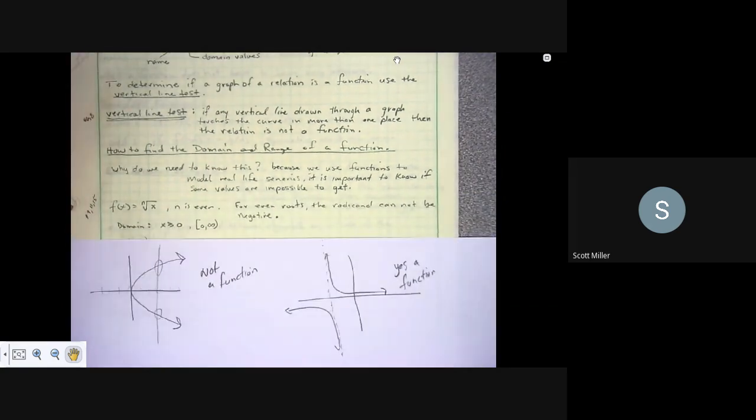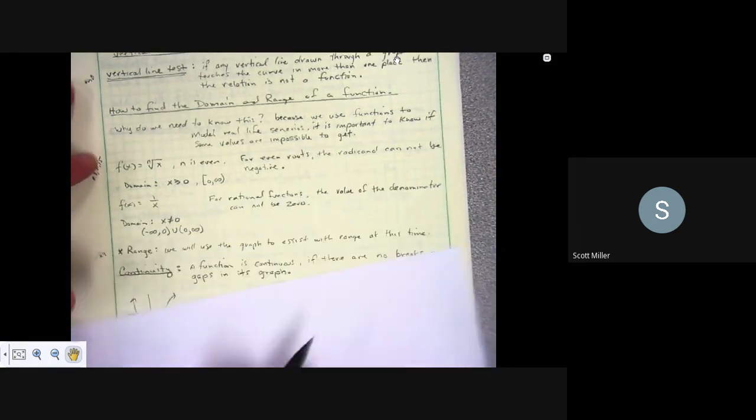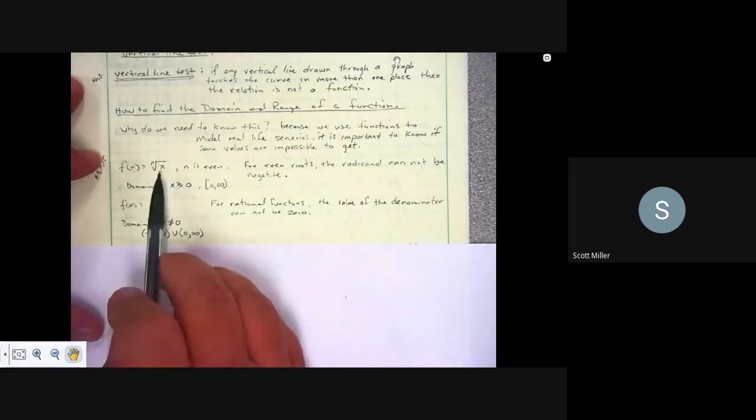So here's some things that I want you to look at. And remember, for our purposes in here, there's very few things that are going to restrict the domain for our use in this class. Here are the main ones right here. Roots. In particular, an even root.